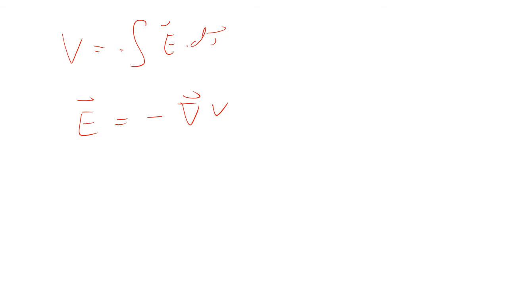That means you take the derivative with respect to x in the x direction, derivative with respect to y in the y direction. Well, this turns out to be an interesting sort of thing, because if you imagine an electric field like that, and you're going along the electric field in that way, you're going with the electric field, so you are decreasing voltage.